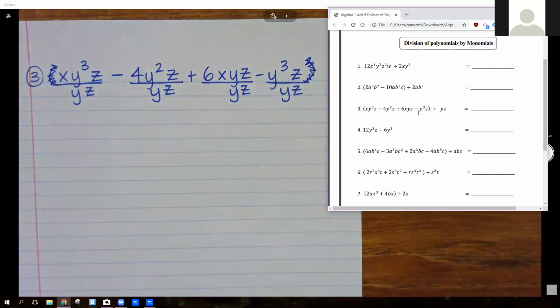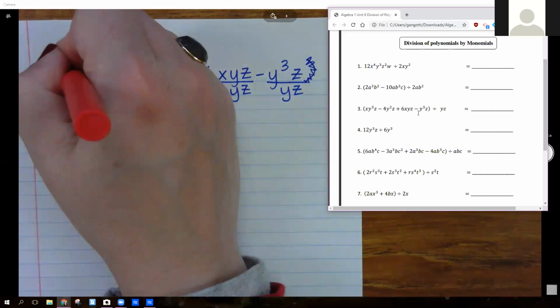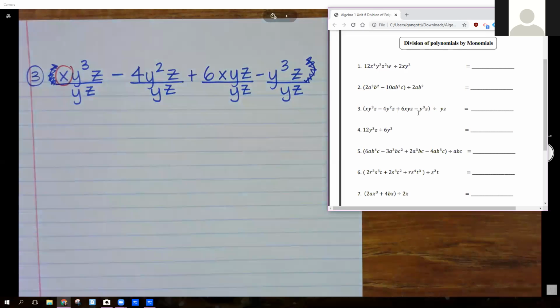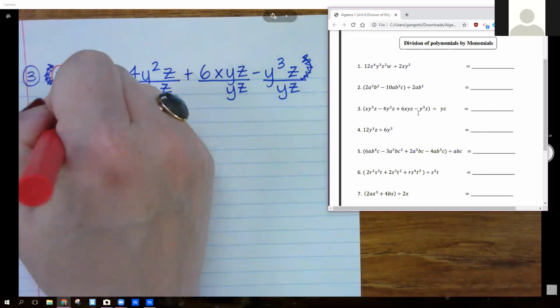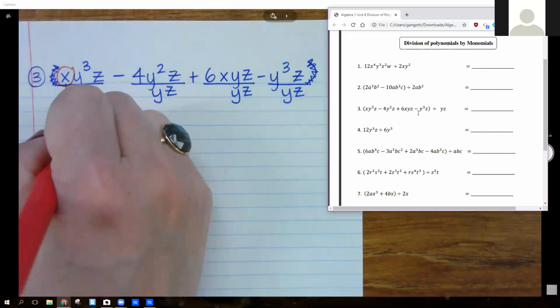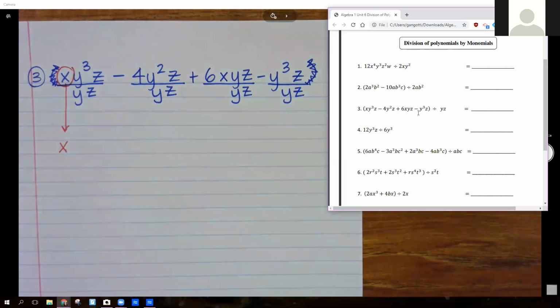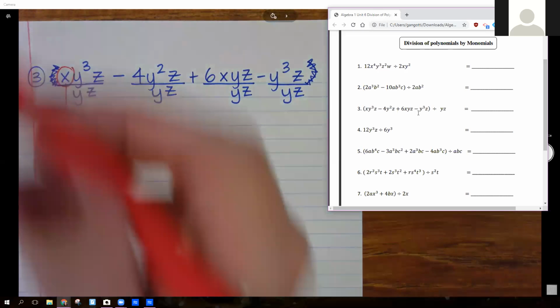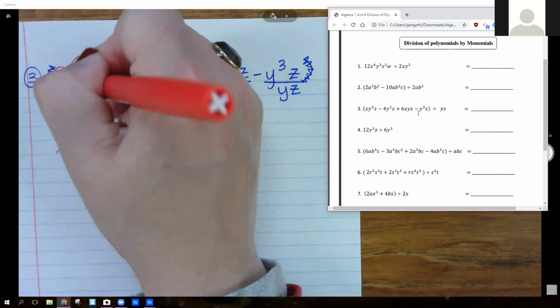All right, so now we're going to do what we learned yesterday, and we're just going to divide each piece separately. So in the first one, you have an x, but you don't have any x's in the bottom. So you're just going to bring your x down. Then we're going to put the y's together.